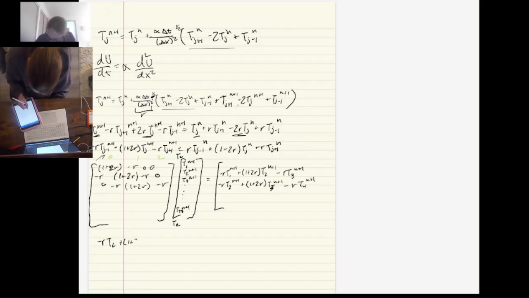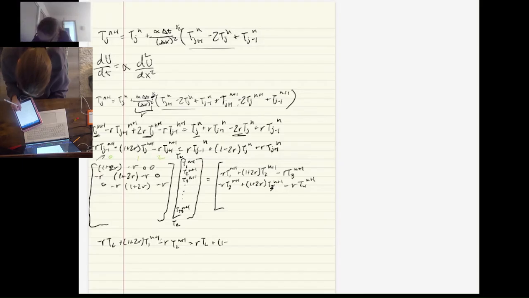Nothing else is really going to change except for this is going to be 1 n plus 1 minus R T2 n plus 1 is equal to, on this side we have R, and then this is TL plus 1 minus 2R T1 n plus R T2 n.